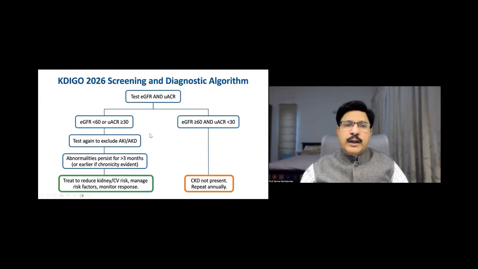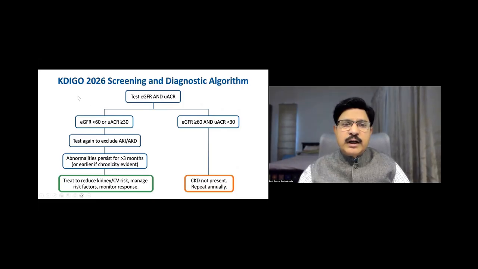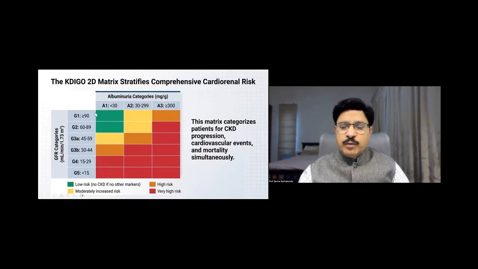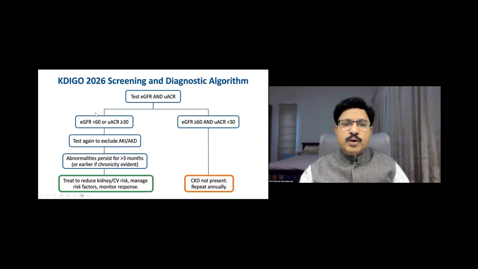Now, KDIGO 2026 screening and diagnostic algorithm. What is that algorithm? Now you see. Test eGFR and albumin creatinine ratio. eGFR less than 60 or albumin creatinine ratio more than 30. Yeah, he is a case of nephropathy. Test again, because a one time low GFR or proteinuria is not sufficient.